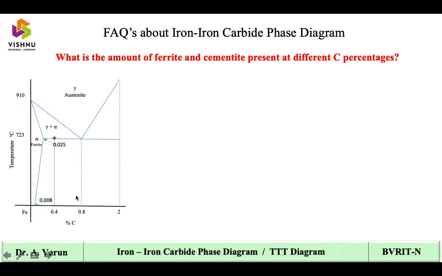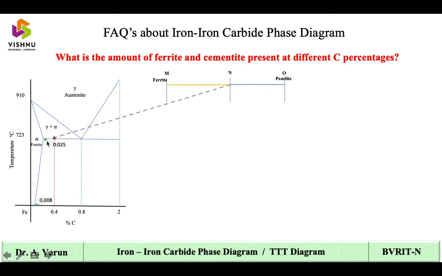So for this, like I said, you are supposed to take the horizontal line, which I call the tie line, and then the vertical line, which will divide the tie line into two halves, and the amount of phases present are inversely proportional to its lengths.